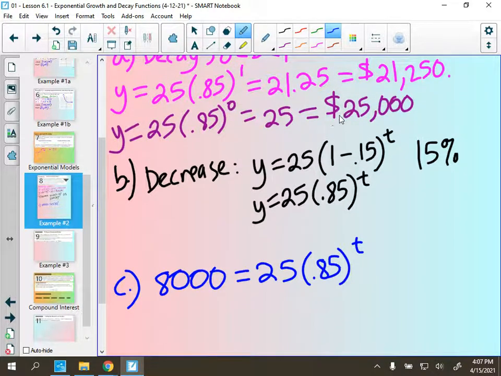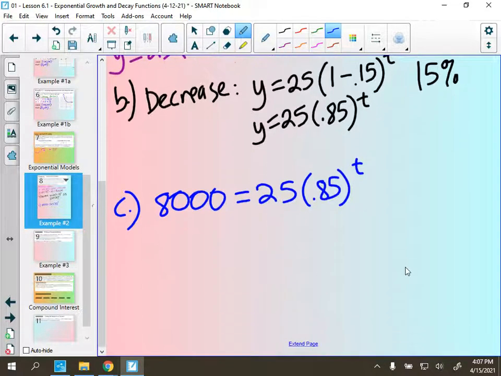Brand new was 25 grand. After 1 year we were down to about $21,000. I'm on my calculator here, and I'm just going to check. In 5 years, let's see what my car is worth. This is what I'd ask you to show me: I picked a number, 5, and I go 25 times 0.85 to the 5th power, because that's how you would enter 5 years later.